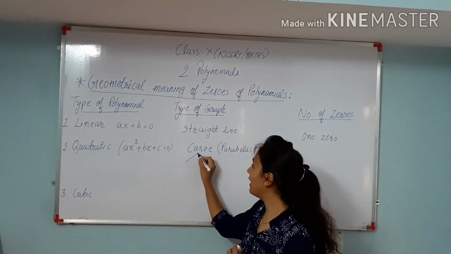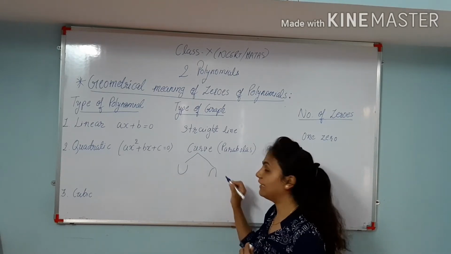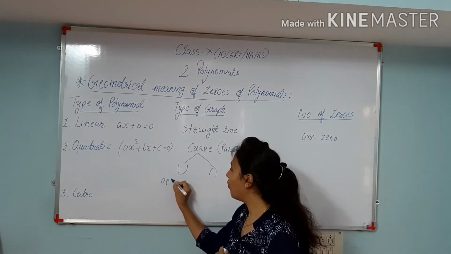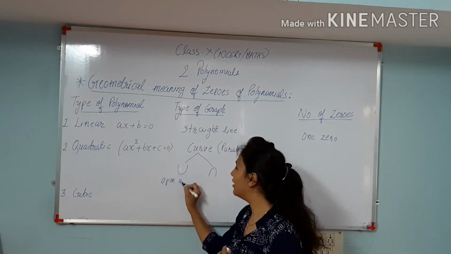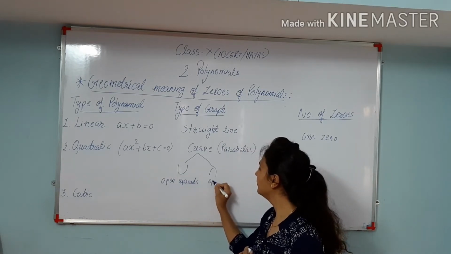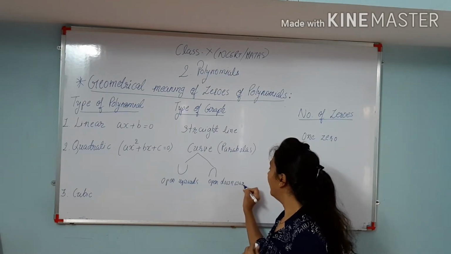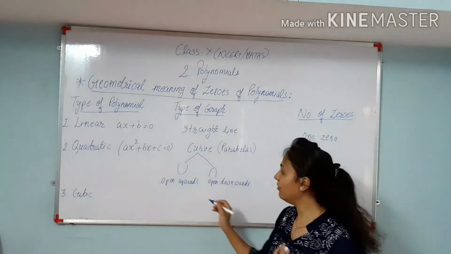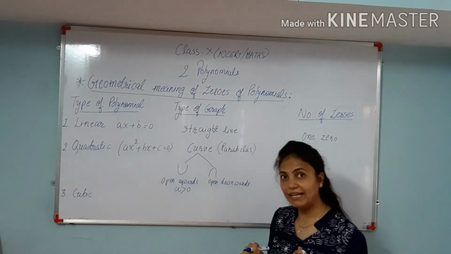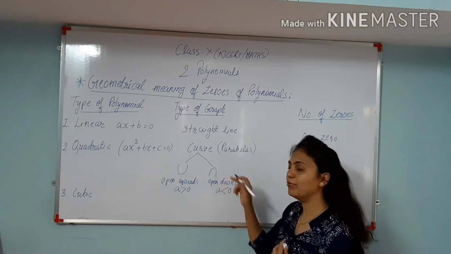Now this curve can be of any kind. It can be like this also and it can be like this also. This we will call open upwards and this we will call open downwards. Okay, now when does such a graph come? If a is greater than 0, then the graph would be like this, and if a is less than 0, then the graph would be like this.